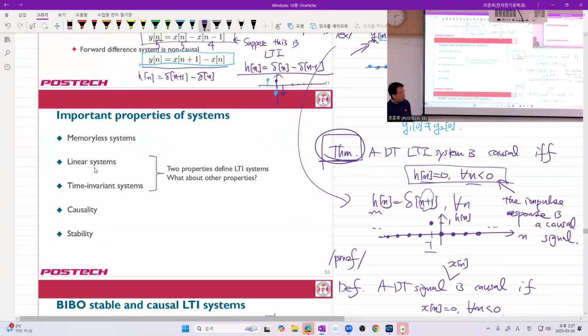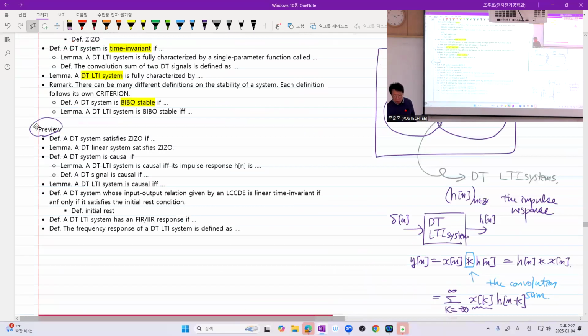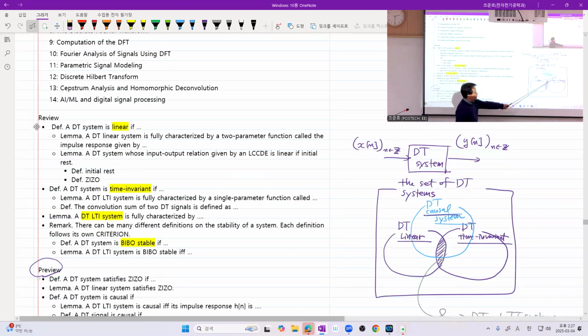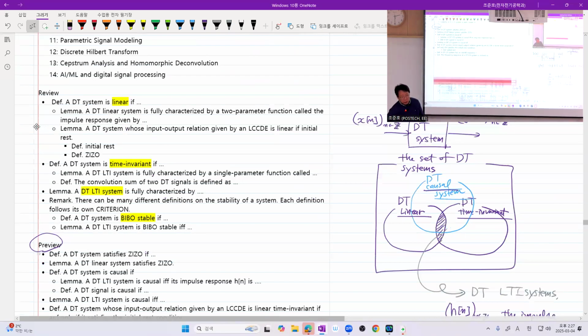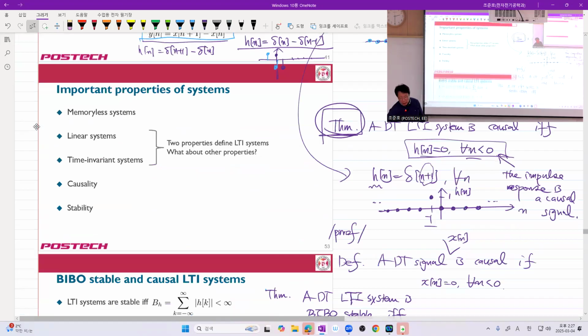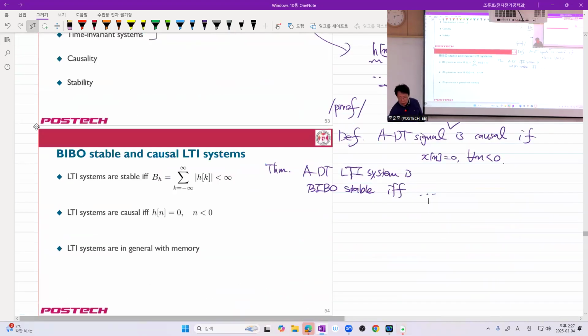And recall that this part was in terms of only the impulse response, because we assume our interest is in this intersection of two subsets, right? So we expect this blank can be stated in terms of the impulse response.